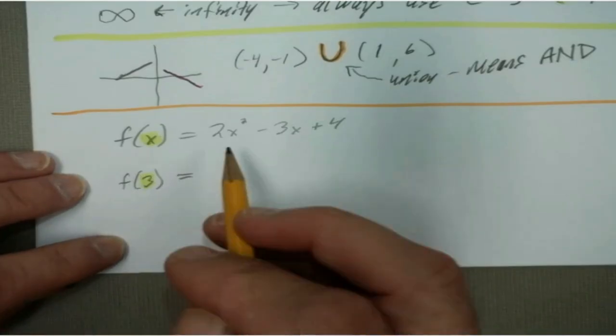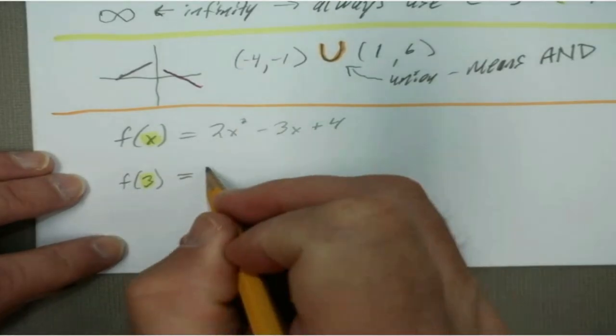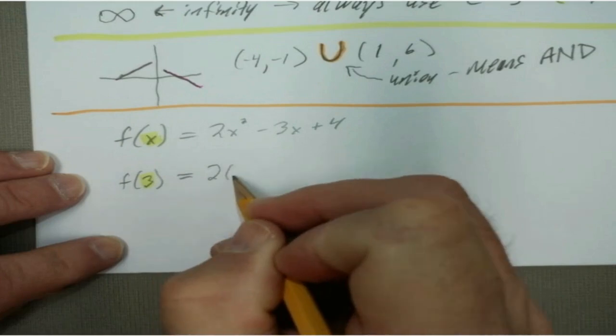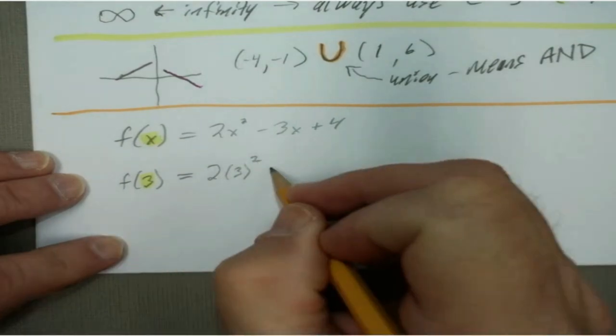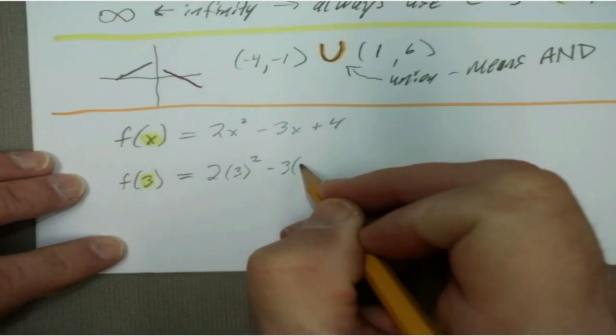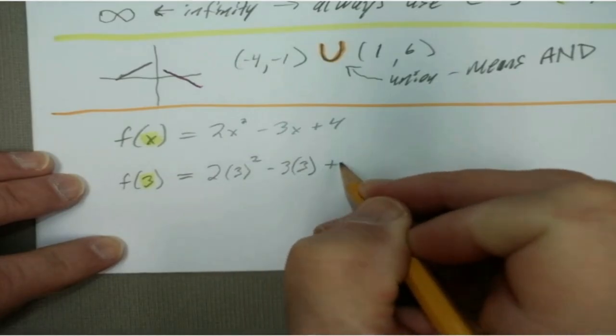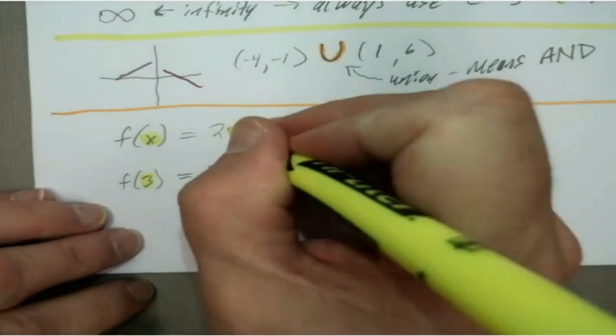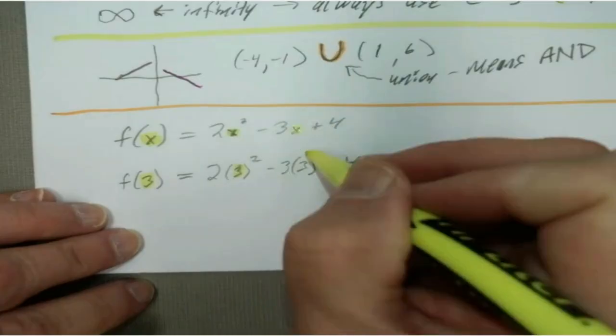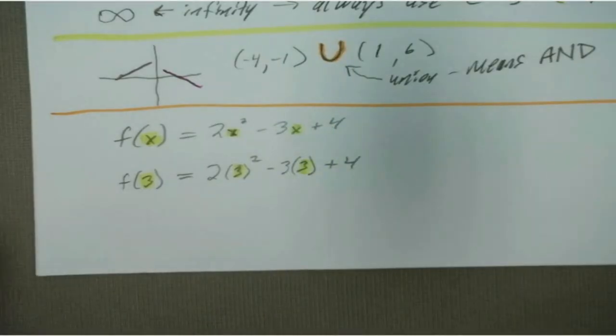So the way that works is we do the same thing on the rest of this. We remove the x and replace it with a 3. Every x becomes a 3, however many x's there are in your equation.